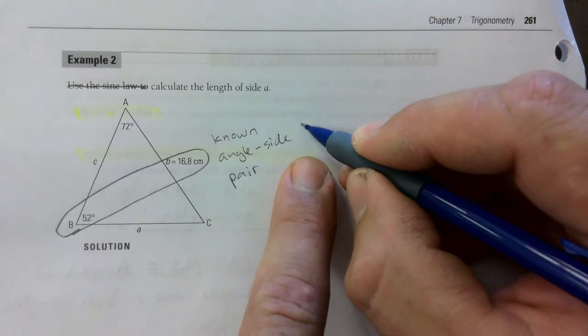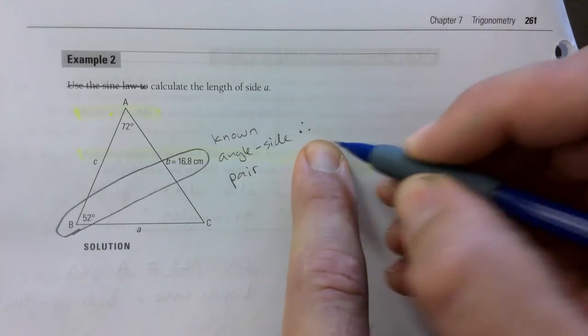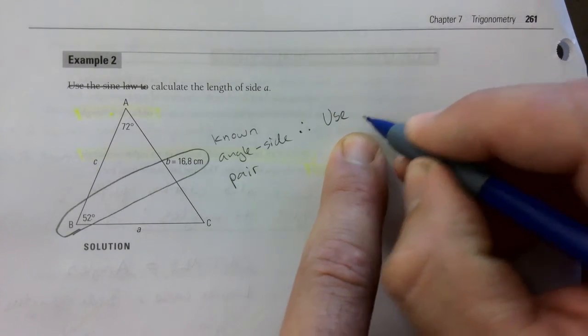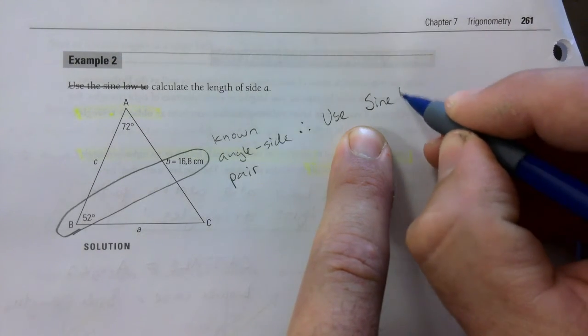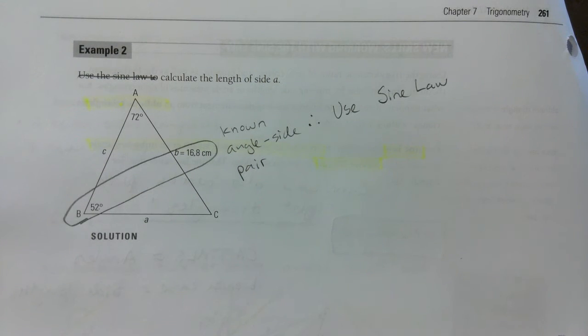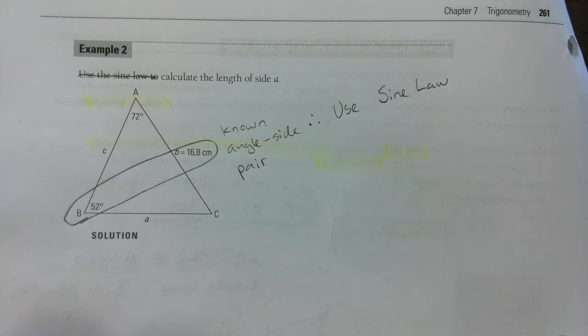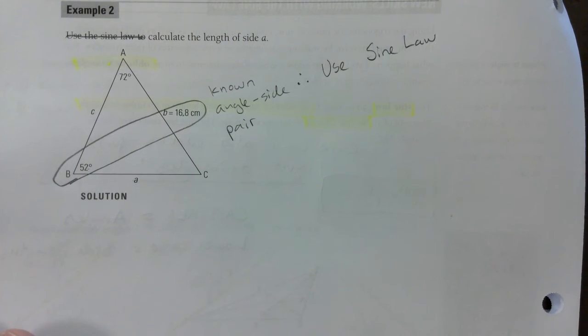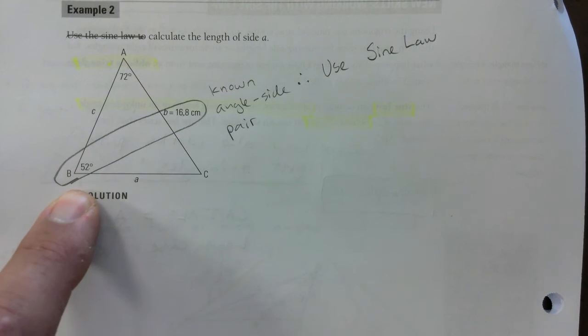If you notice that, you say therefore, the three dots stand for therefore, use sine law. That's it. Like, as soon as you notice that, you know it's going to be a sine law situation. That's a prerequisite for you using the sine law. And that is the pair you're going to start with. Okay?